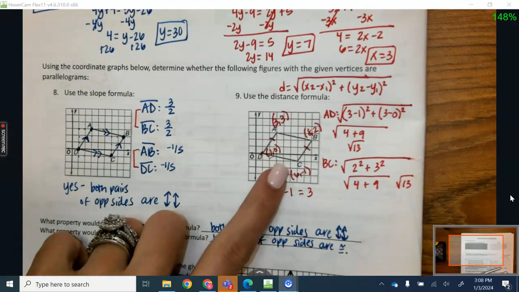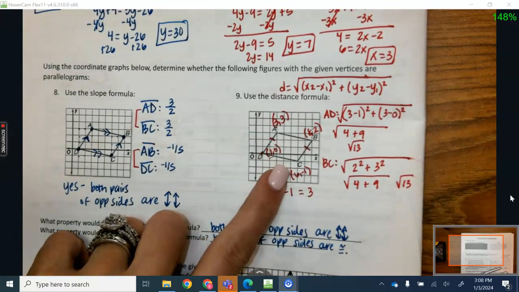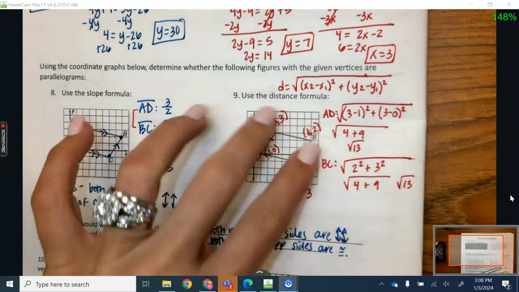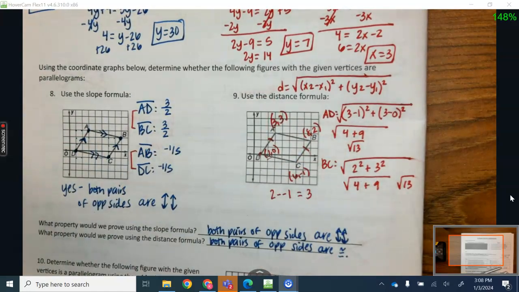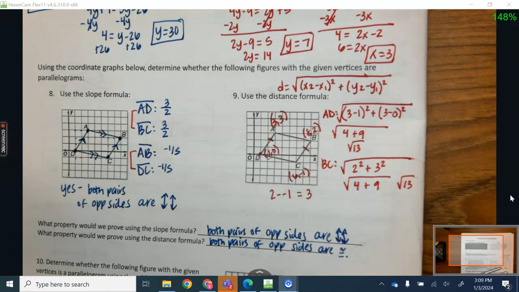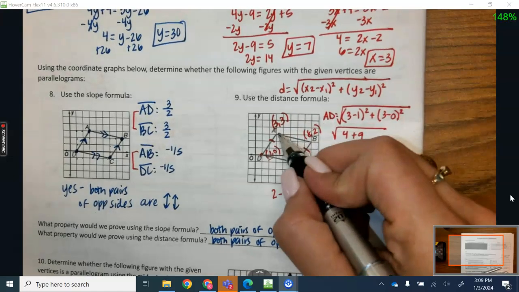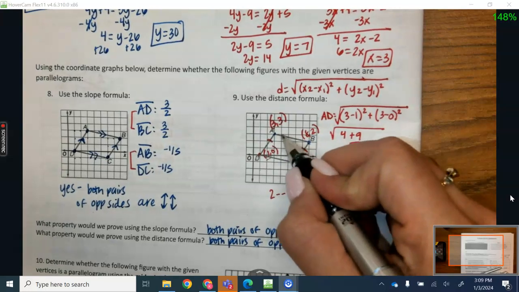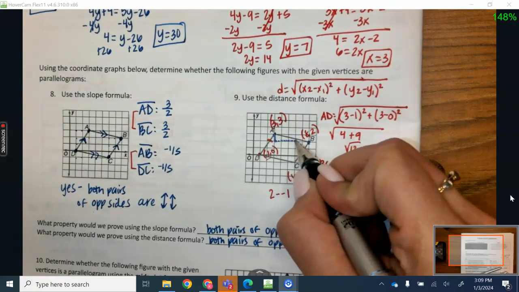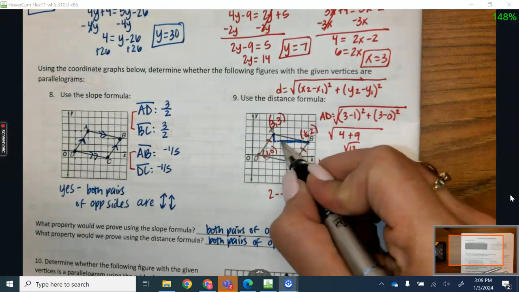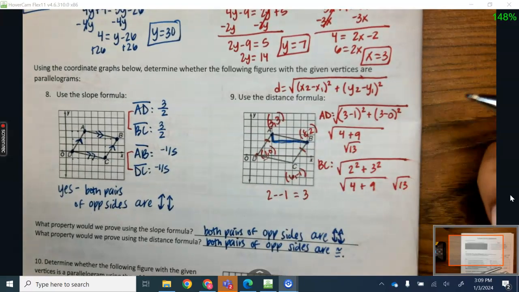So now I'm going to show you just on a graph the shortcut that you can do besides doing the distance formula. But on a test or a quiz, we do want to see the distance formula if it tells you distance formula. But here's a way that I can prove on a graph using my slopes. Remember on a graph, if I just take from A to B and I drop down a rise and form a run, I'm creating this right triangle.